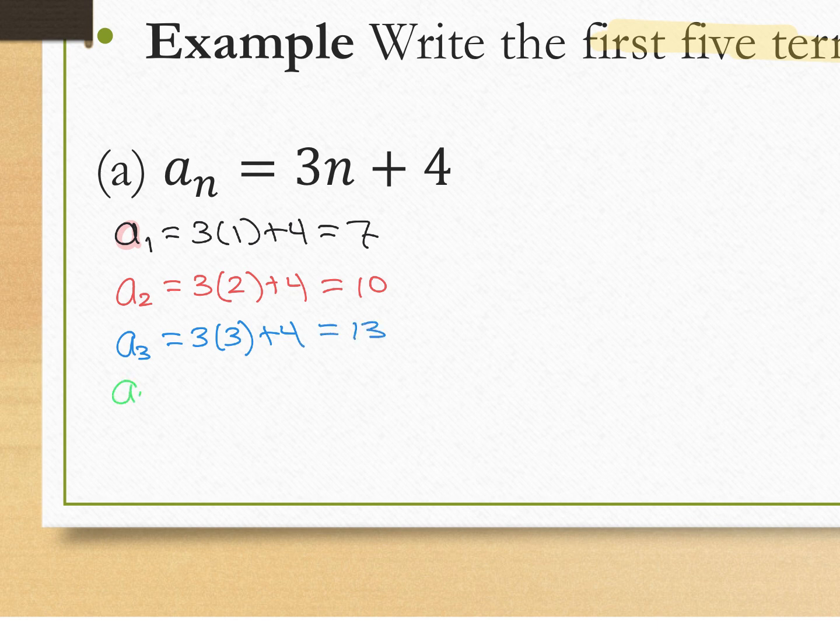And we have our fourth term, 3 times 4 plus 4. 3 times 4 is 12, 12 plus 4 is 16. And our fifth term, 3 times 5 plus 4, 19. And that's all you have to do.